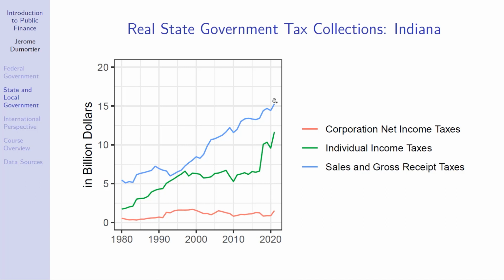The same is true for the individual income tax, where you can see that it went from about $2 billion all the way up to a little bit over 11 or 12 billion dollars. What is interesting here is that the corporation net income tax has been relatively stable over time.